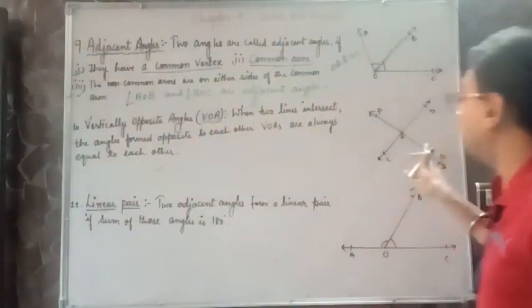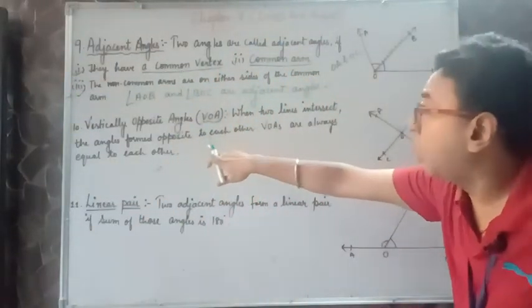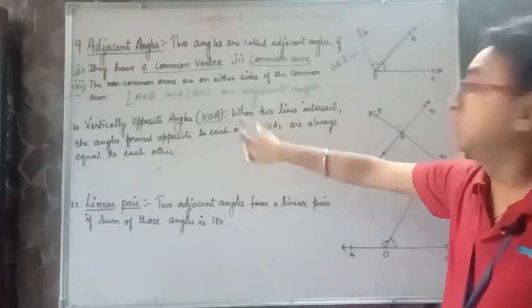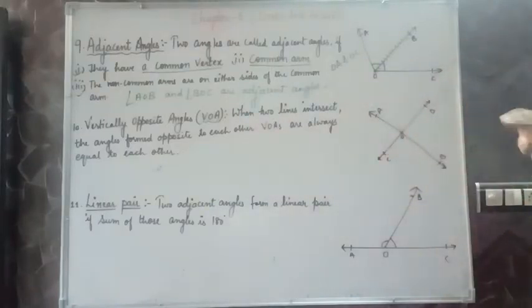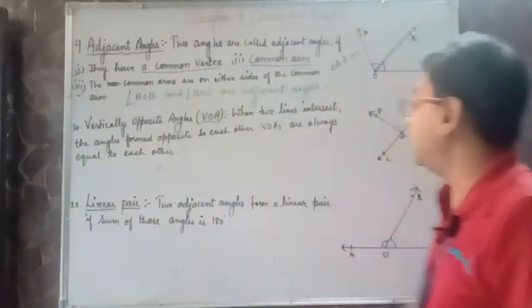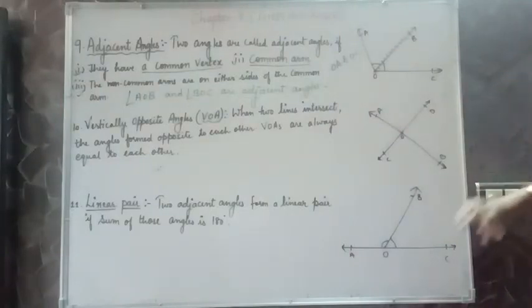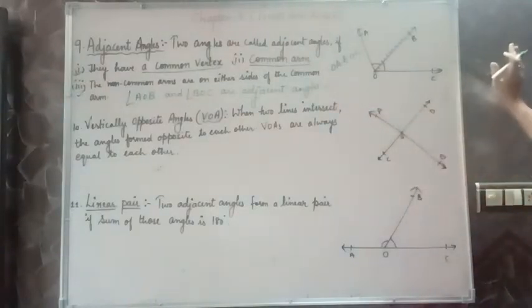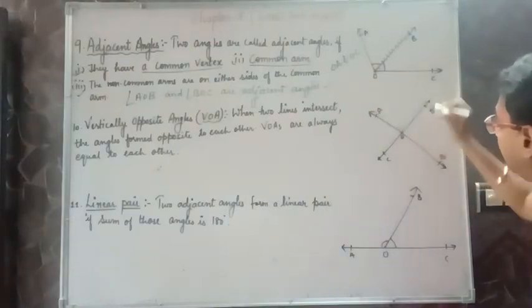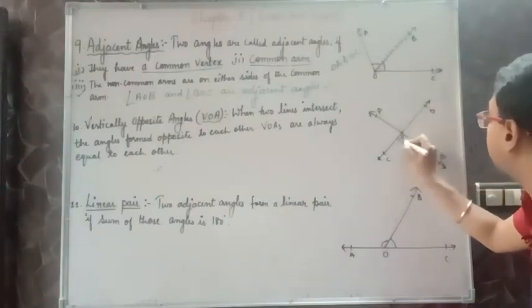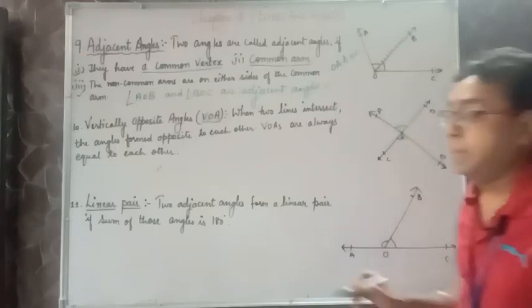The angles formed opposite to each other are vertically opposite angles. If I talk about these two lines, they are intersecting each other. Don't you think AOD is opposite to BOC? Yes.